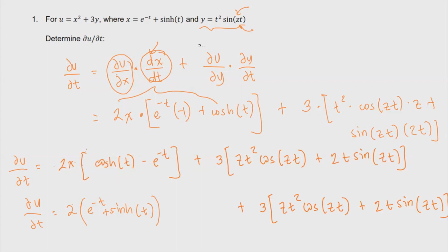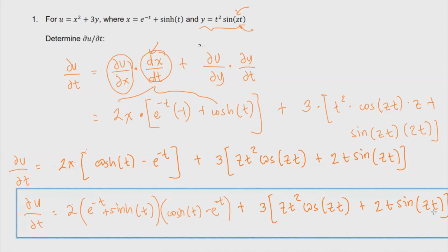Now these are the 2 final expressions that you can get. This actually depends on the instruction, because if the instruction says that you need to express this in terms of t only, then you have to do this simplifying or substitution to your answer.